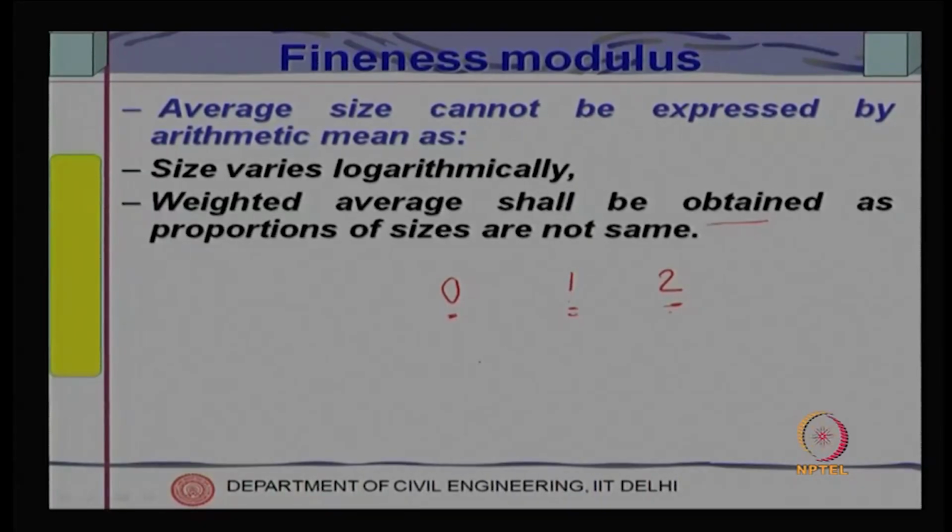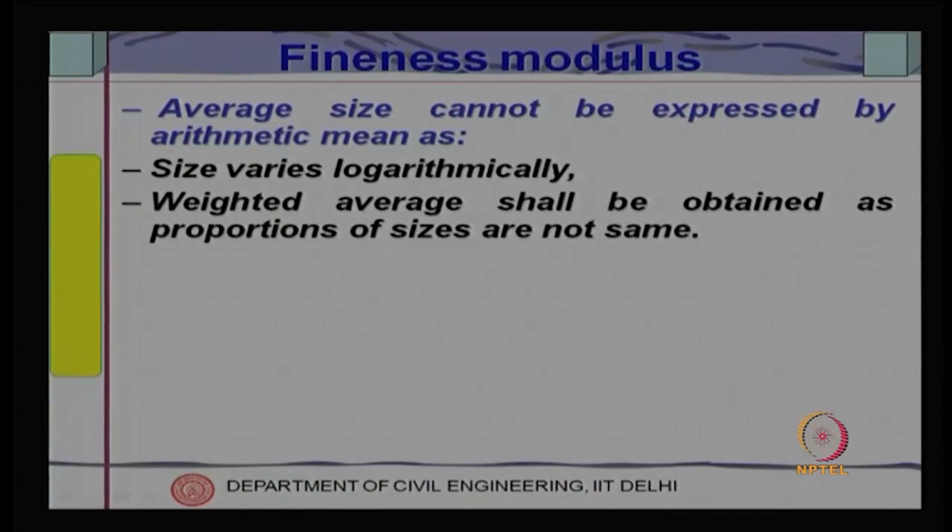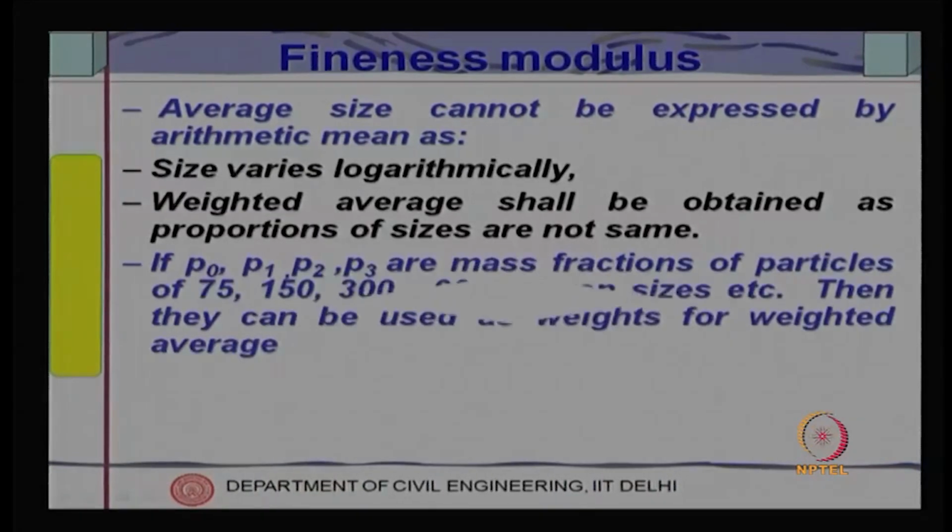If they were the same, then with 5 sieves the average would simply be the sum total of all of them divided by 5. But actually the proportions are not the same, therefore, we talk in terms of weighted average.